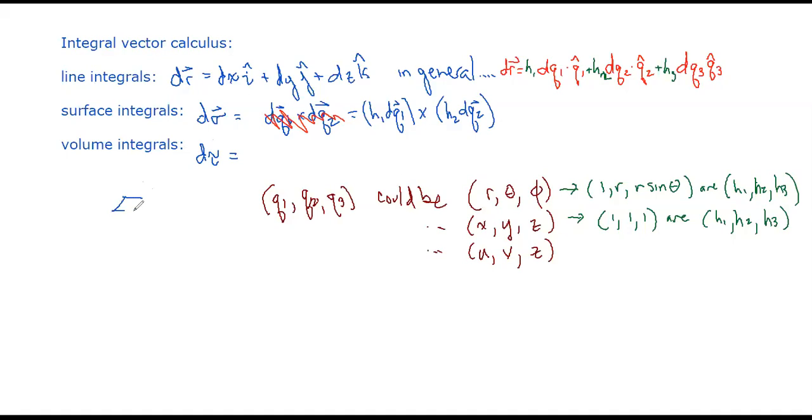I have a little piece of volume d tau. Volume isn't directed. So surface, yeah, there's a direction normal to the surface. Line definitely has a direction tangent to the surface. Volume integrals, d tau is a scalar. Okay, so for instance, just rectangular coordinates, what would I write for a differential piece of volume?